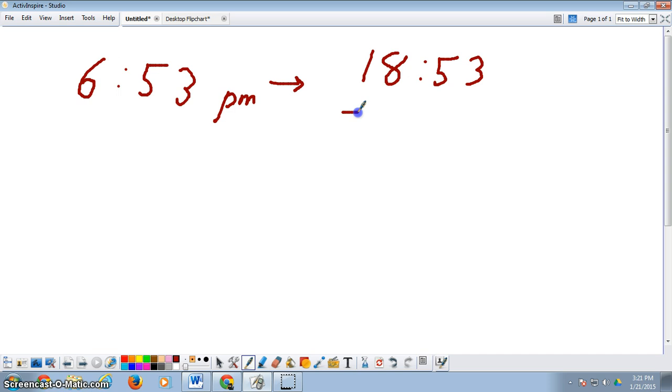Since we have that in military time, we can just then subtract our sunrise. And for August, the sunrise was 5:30.